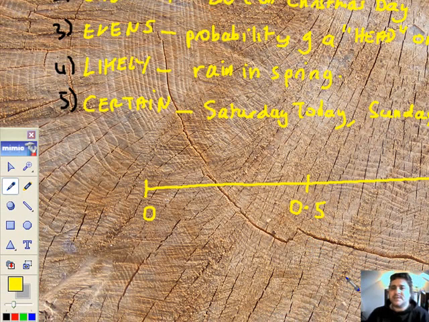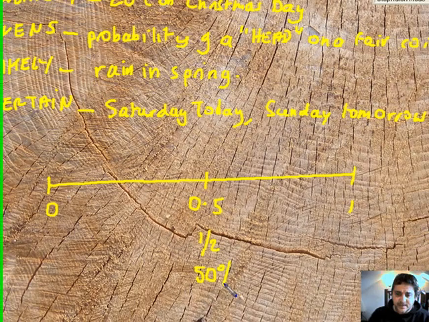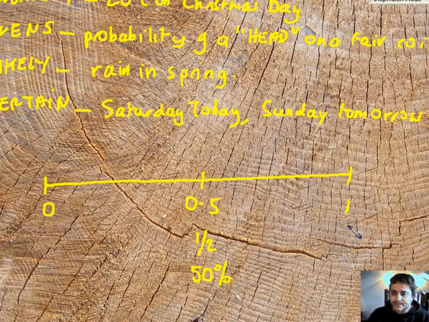Now, as I said, you can quote them as percentages or fractions or decimals. A half, well, that's 0.5, isn't it? That's otherwise known as 50%. 1, well, that's just still 1 as a decimal, but that is 100%.